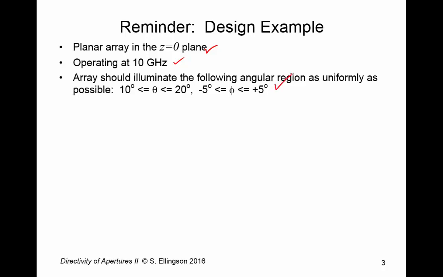The array was designed to achieve a sector beam arrangement. So this particular sector beam that we designed for provided uniform directivity over a square patch in solid angle. That is angles between 10 and 20 degrees in theta and plus or minus 5 degrees in phi.